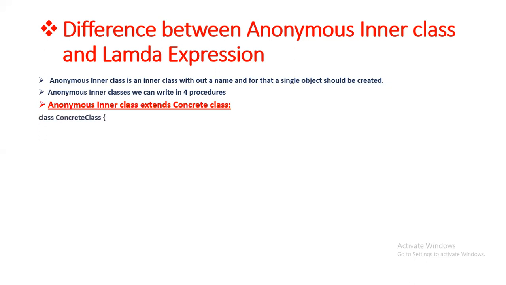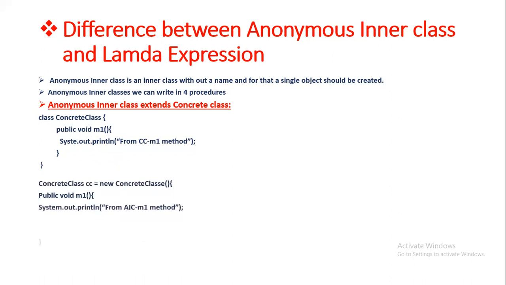So let's take a concrete class. It has one method, the m1 method, which has logic. Created an anonymous inner class and implemented logic for it. But can you write a lambda expression for a concrete class? No, it's not possible.